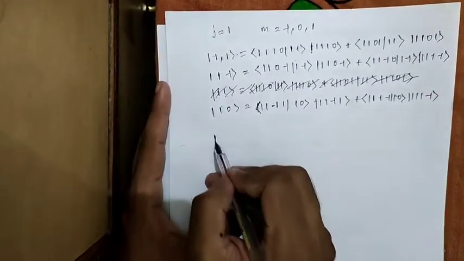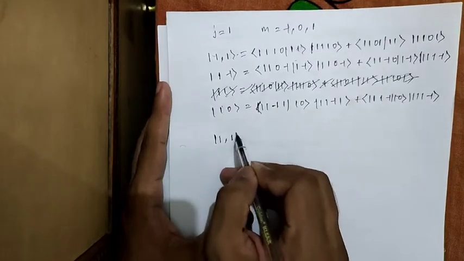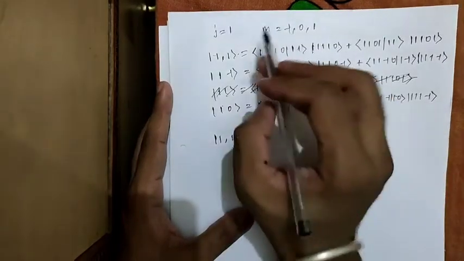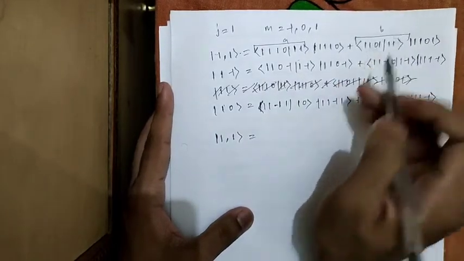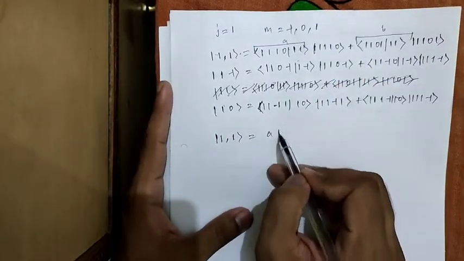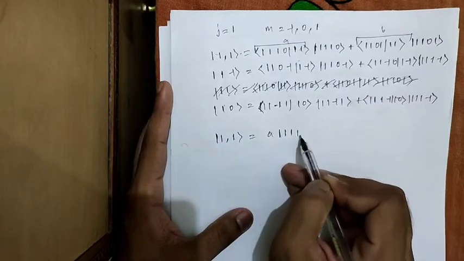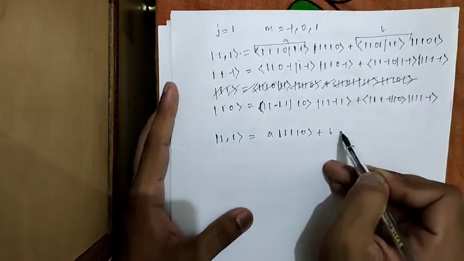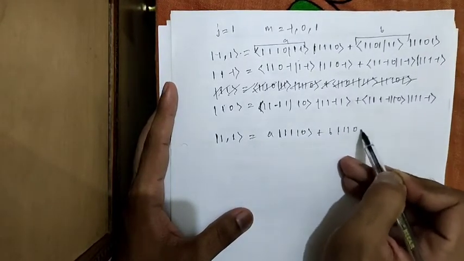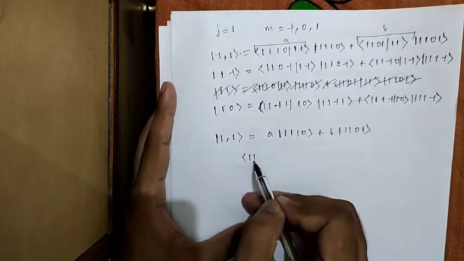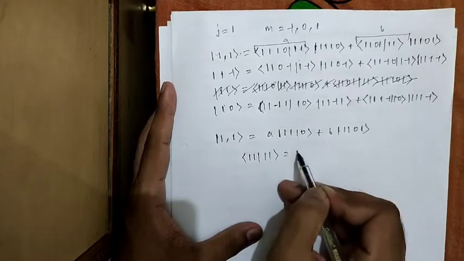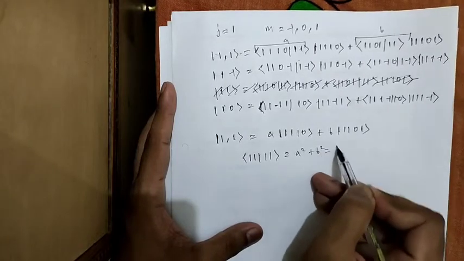So simply, let the 1 1 state equal, if I let this be a and this be b, then it will look like this: a|1 1⟩ 0 plus b|1 1⟩ 0 1, and the normalization of this gives us a squared plus b squared equals 1.